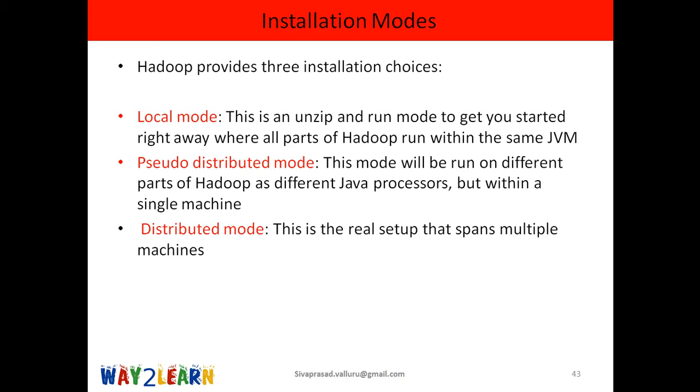So whenever you are running Hadoop in local mode, there will be only one JVM, and inside the same JVM all the daemons will start. Daemons like name node, data node, job tracker and task tracker. All the daemons will be running inside the same JVM. Normally we use local mode installation for testing MapReduce programming.